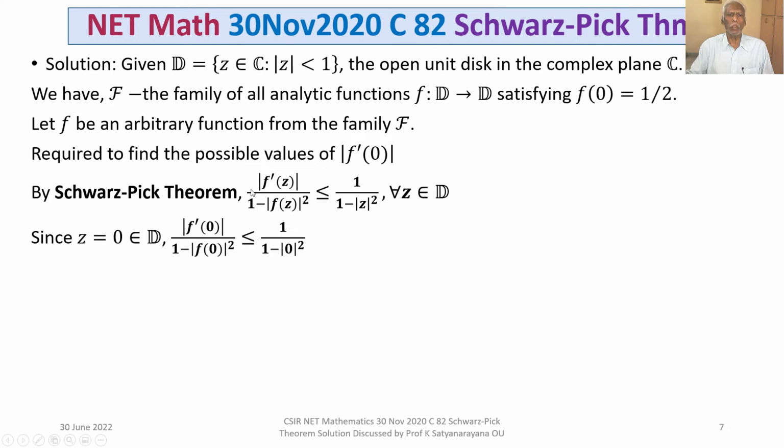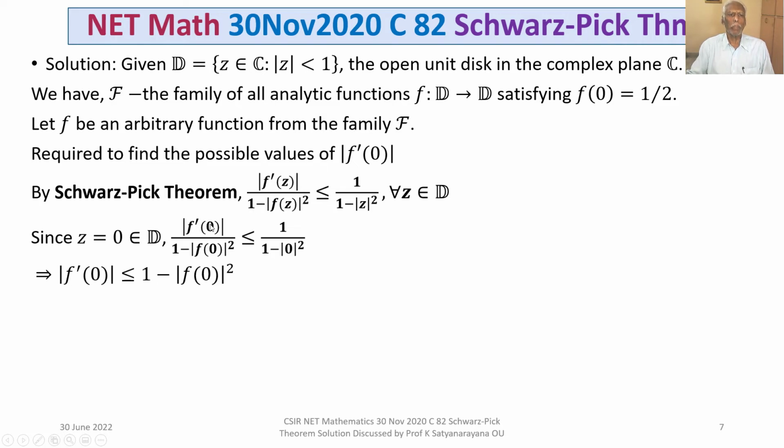Putting z equal to 0 in the theorem, we get mod of f prime 0 by 1 minus mod of f of 0 square is less than or equal to 1 by 1 minus mod 0 square.